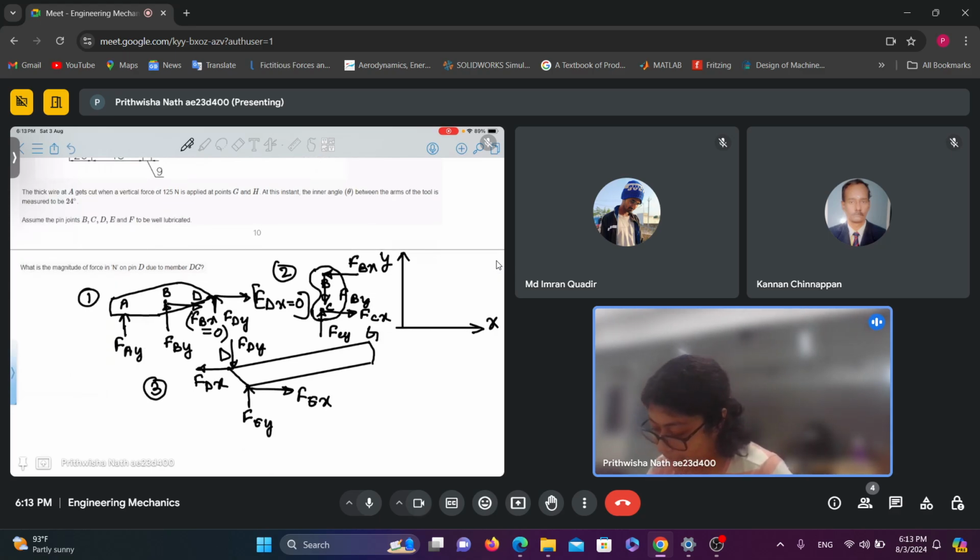Now for the member ABD, I have assumed the reaction forces at B in the positive direction of the coordinate system. So I have to take the reaction force on link BC in the reverse direction. Is there any doubt regarding this free body diagram?